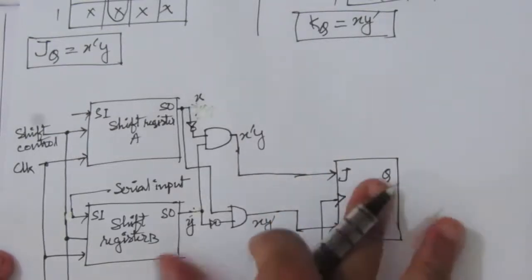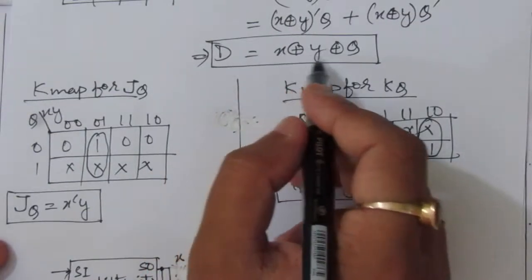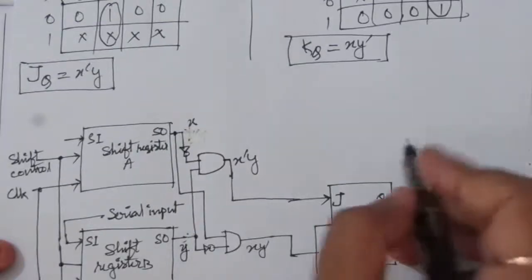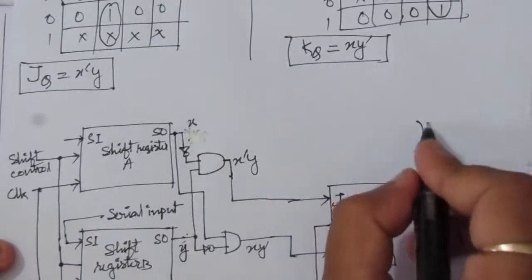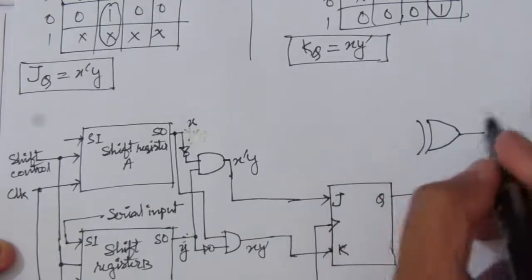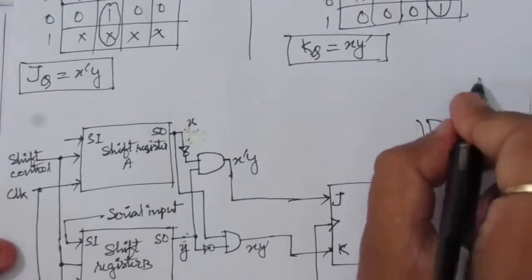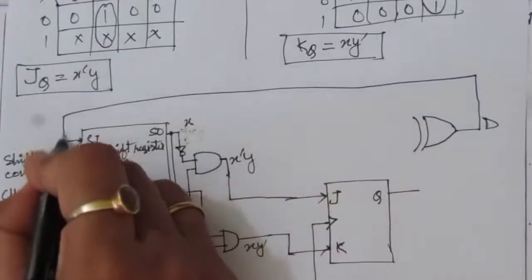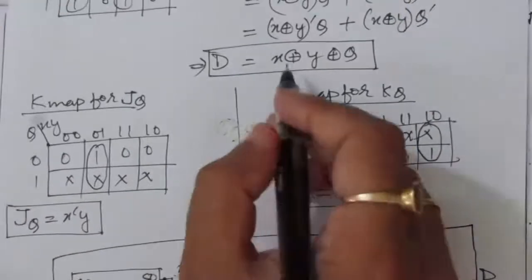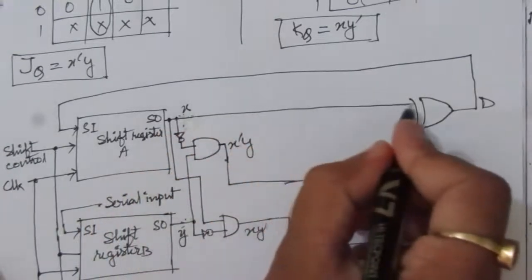Okay, now we have to find out the difference D, that is the XOR operation between X, Y and Q. So here we have this Q. So use here an XOR gate, and this output will be the difference. So this difference is fed back to this serial input. So the inputs are X, Y and Q. So take a line from this X and apply here.